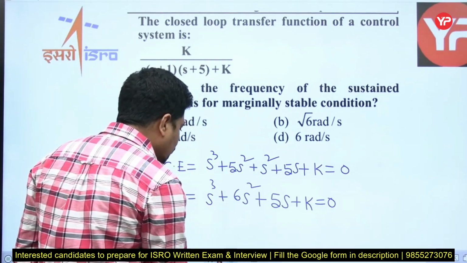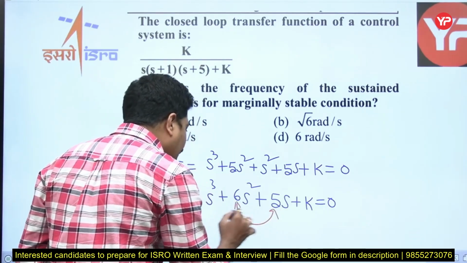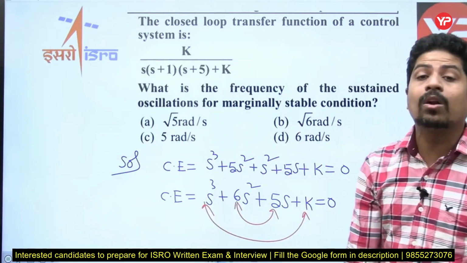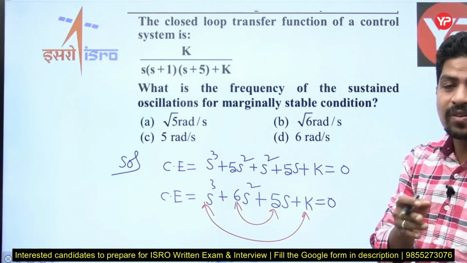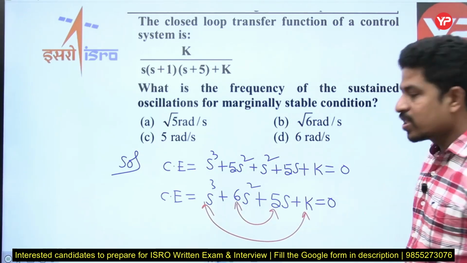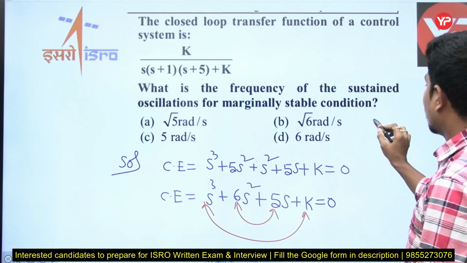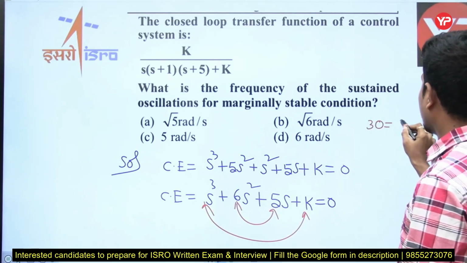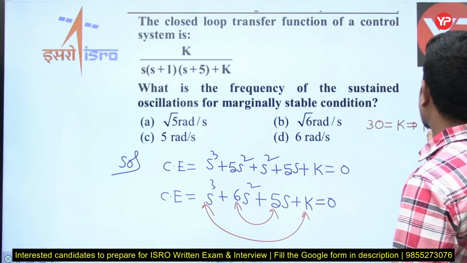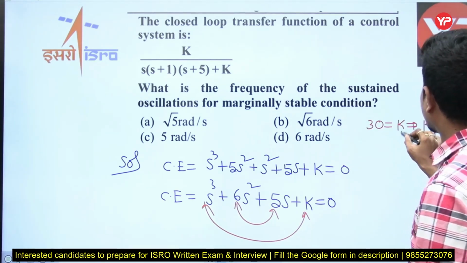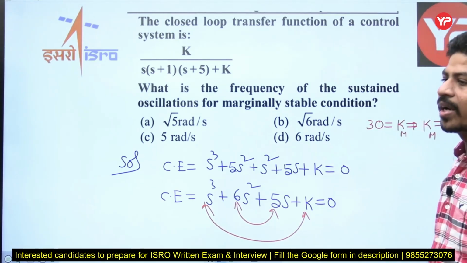If the internal product is greater than the external product, it is stable. If the internal product is exactly equal to the external product, it is marginally stable. If it is marginally stable, it is oscillating with some frequency. What is the condition for marginal stability? 30 is equal to K. That implies K equal to 30 is needed, then the system is marginally stable or critically stable.